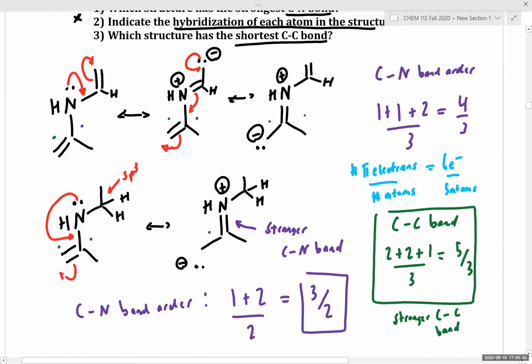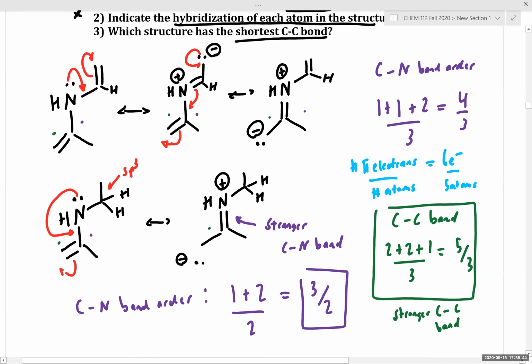in each of these resonance structures, as we notice, because we have more of our electron density shared as a carbon-nitrogen bond in this bottom structure, less of our electron density relatively is shared as part of our carbon-carbon bond.